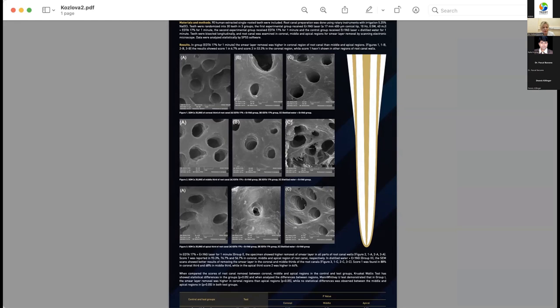The Kruskal-Wallis test has shown statistical differences in the groups. When we analyzed the differences between regions, the Mann-Whitney test demonstrated that in group 1, the smear layer removal was higher in the coronal region than the apical region, while no statistical differences were observed between the middle and apical regions in both test groups, group 1 and group 2.